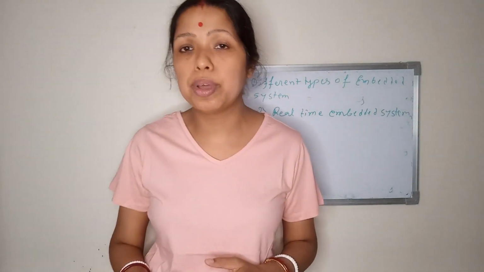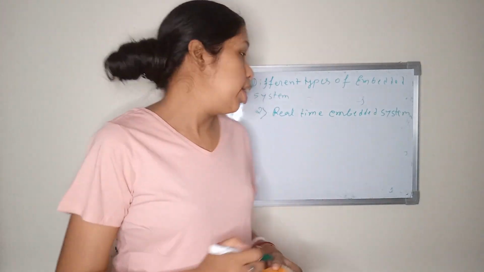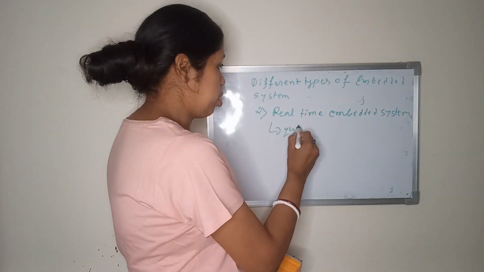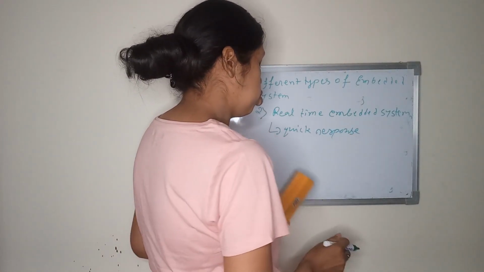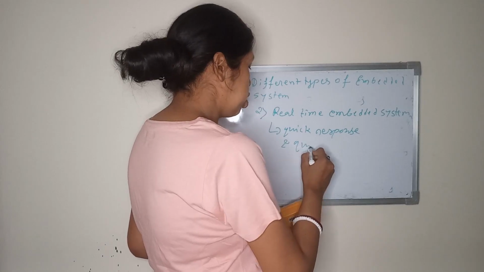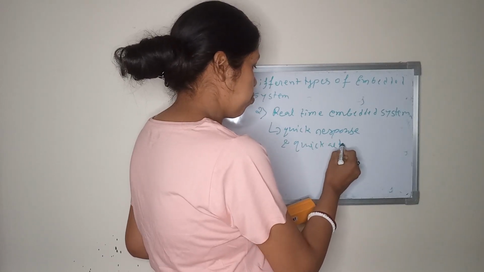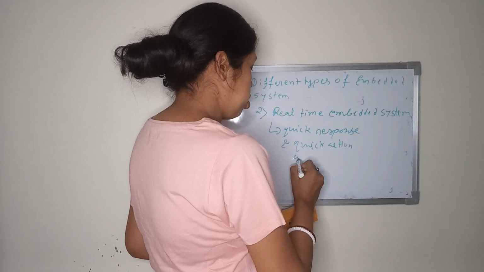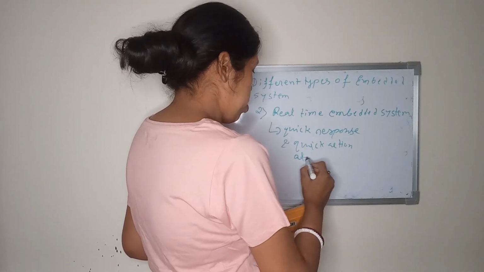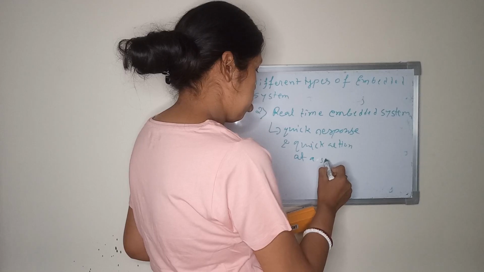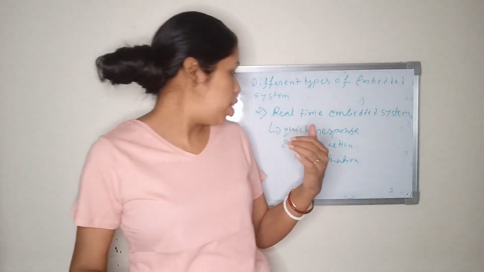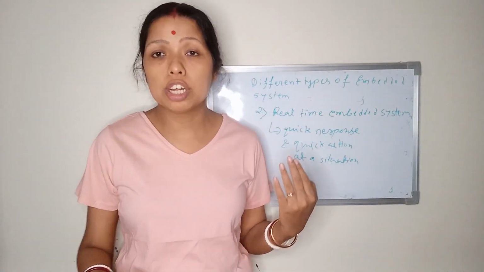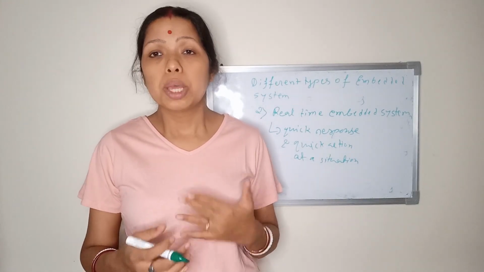In the case of the real-time embedded system, it normally needs a quick response, and quick action needs to be taken. For the real-time embedded system, we need to take immediate action.